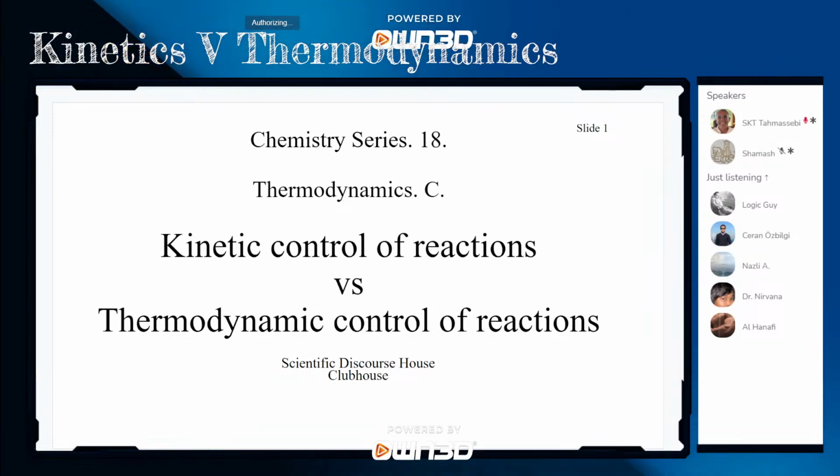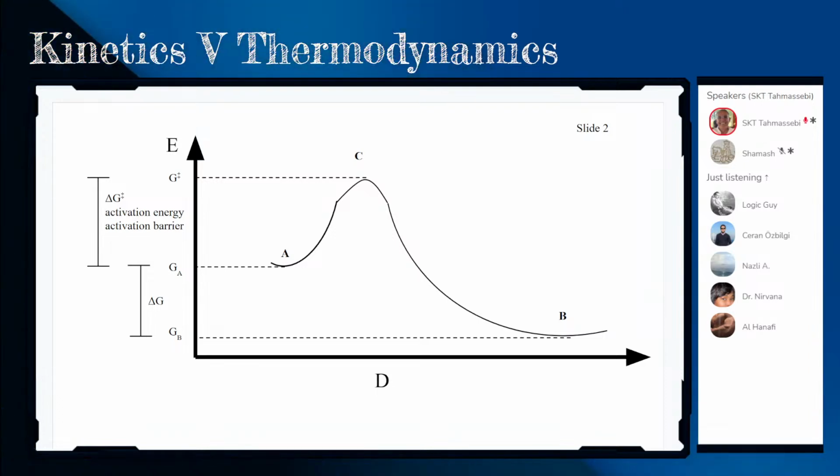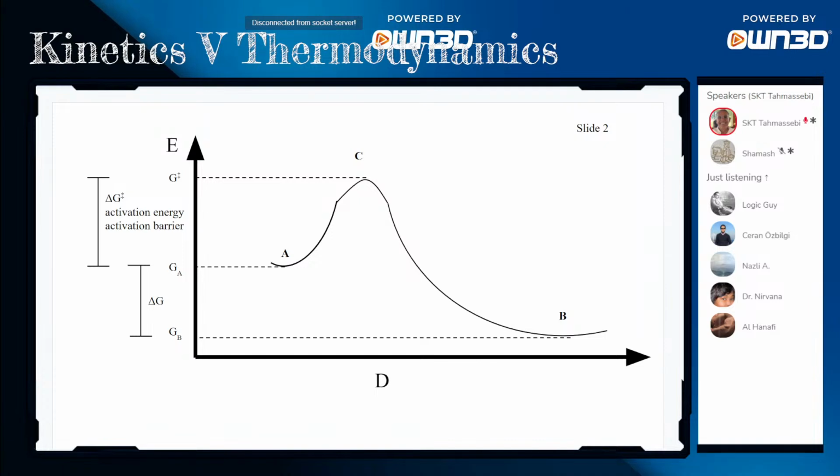I've introduced this the last two times. A is the reactants, B the products, and their reaction. This is a graph of energy with respect to intermolecular distance, or actually internuclear distance.